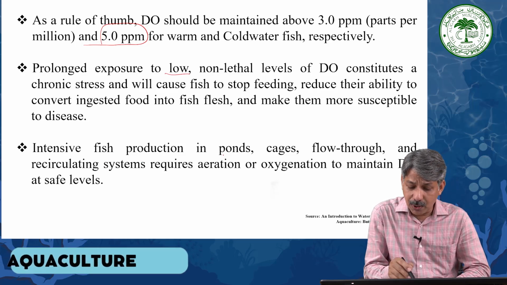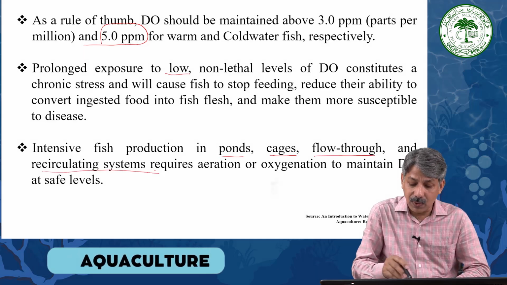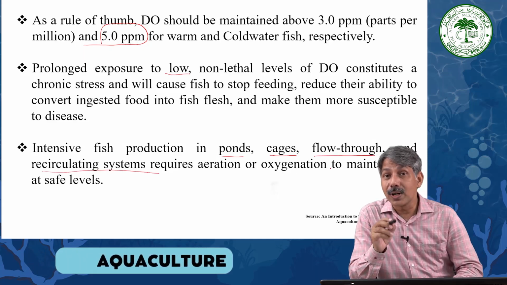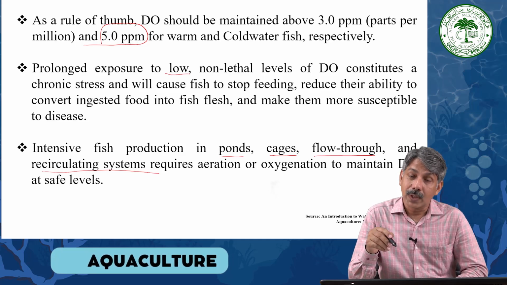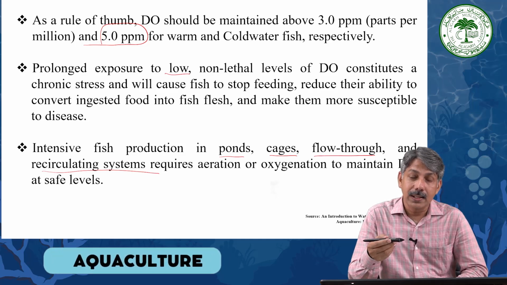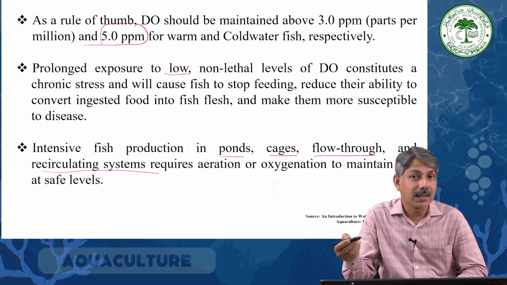Intensive fish production in ponds, cages, flow-through, and recirculatory systems requires aeration or oxygen. That is one of the reasons that when we intensify culture production, if you can recall, I told you about the extensive, semi-intensive, and intensive culture systems.